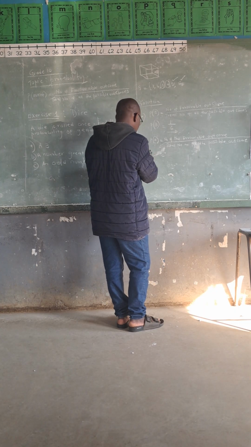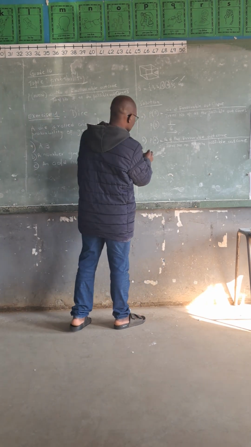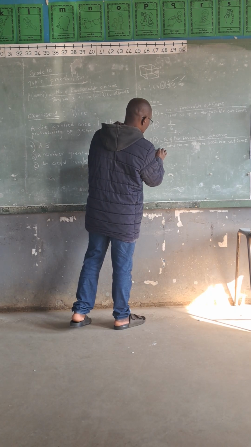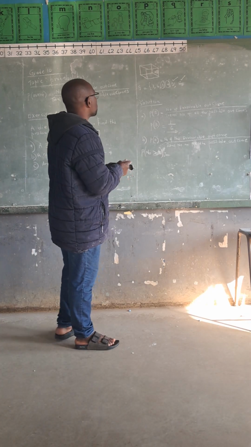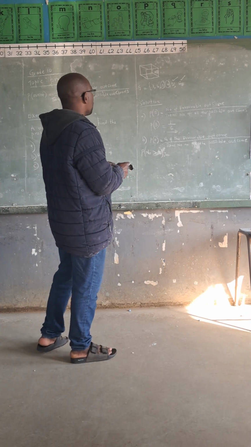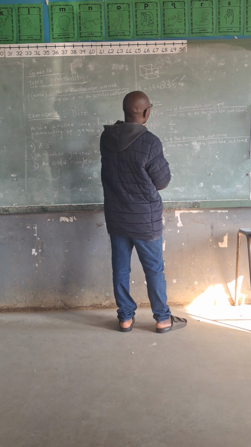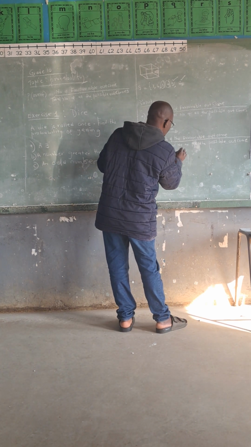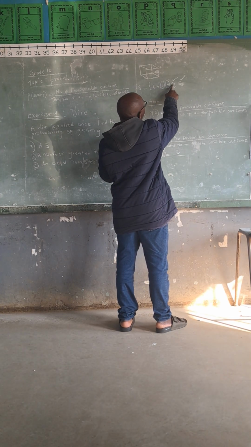Now, the probability of getting a number greater than 4. Let's just quickly go through the sample space. On the sample space, a number that is greater than 4, we have two numbers out of 1, 2, 3, 4, 5, 6.